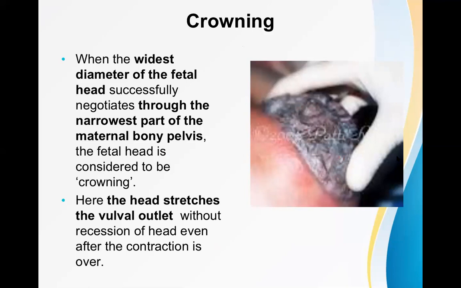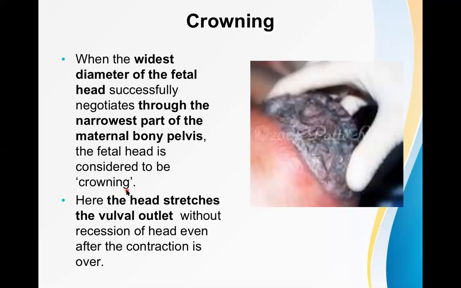Now with this information, let's go further. When the widest diameter of the fetal head successfully negotiates through the narrowest part of the maternal bony pelvis, the fetal head is considered to be crowning. So let me make it easier for you.